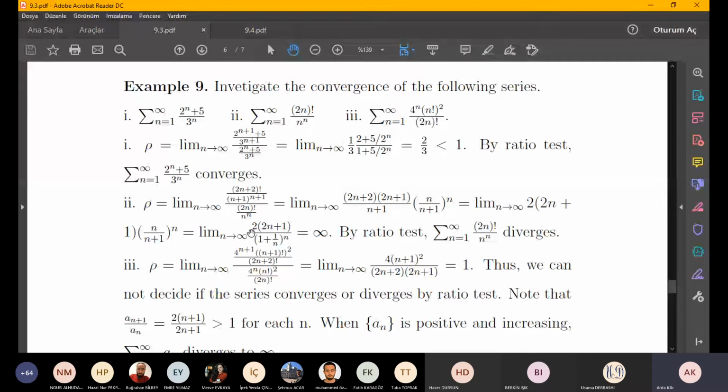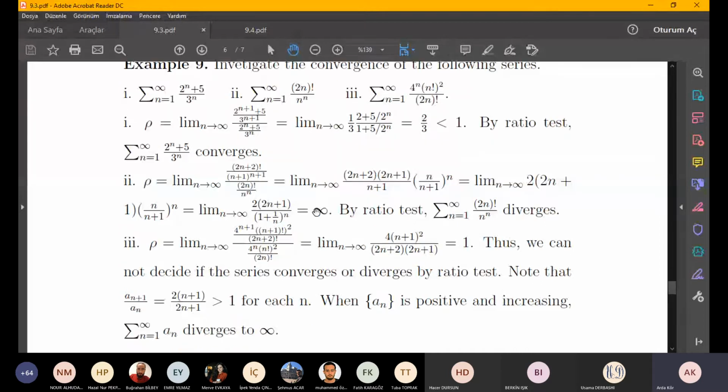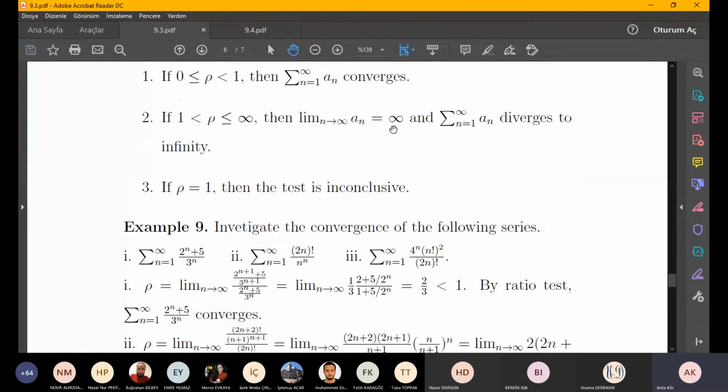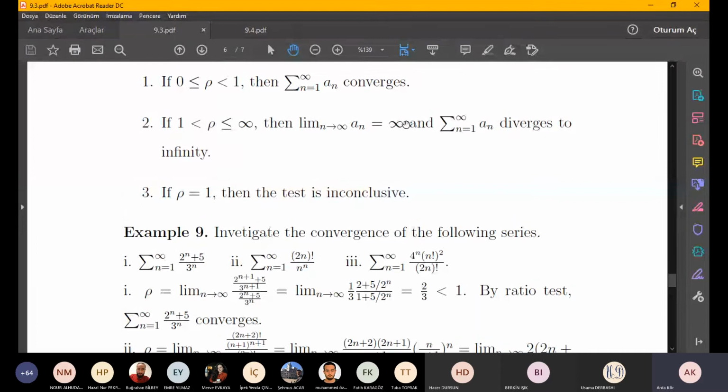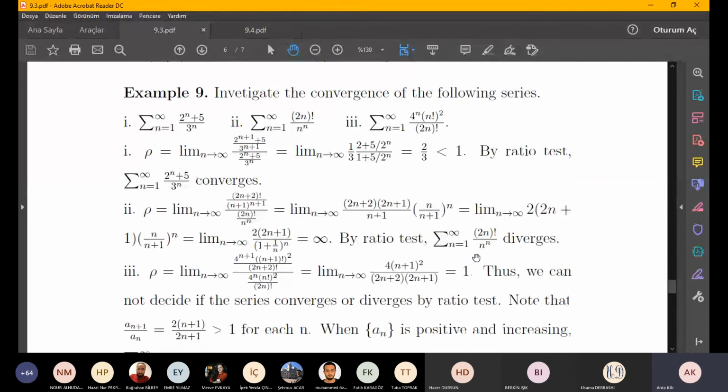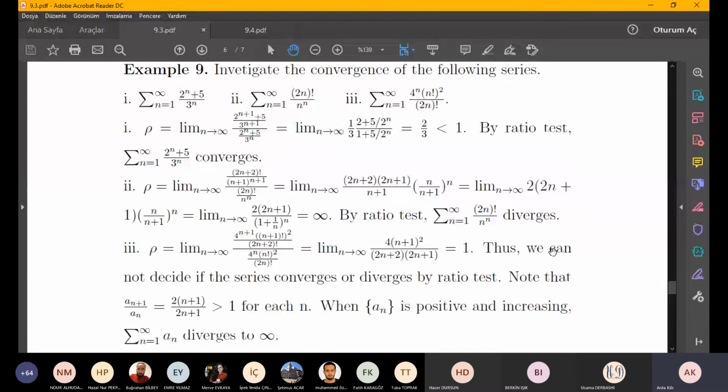If n goes to infinity, that makes that limit infinity. So we have the second hypothesis, which says the limit of an approaches infinity, so that is why the series diverges to infinity. So you can say that the second example diverges to infinity by the ratio test.